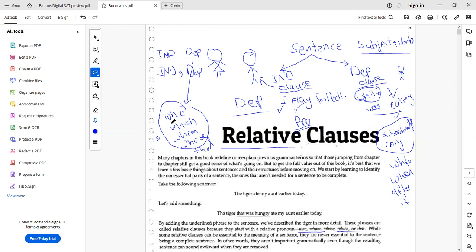Who teaches me English is not important because you have only one teacher in your school called Tamer that teaches English. So in that case, I'm gonna put comma between them. So I saw Mr. Tamer, comma, who teaches me English.